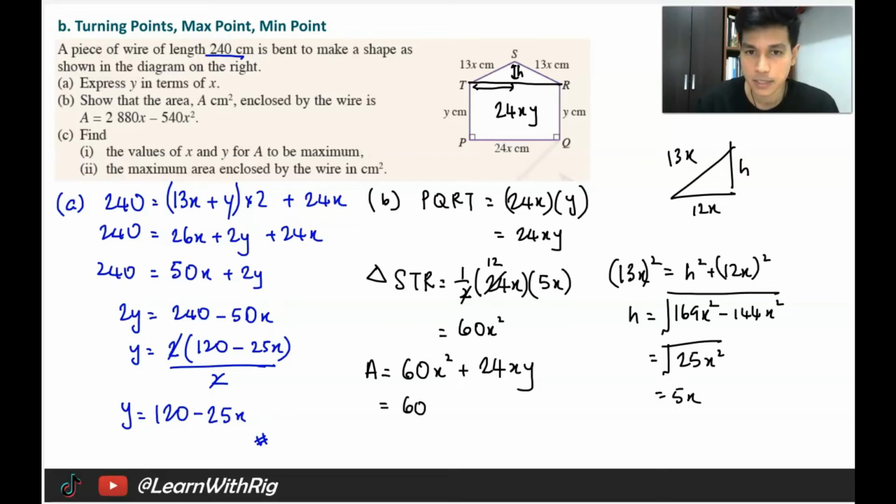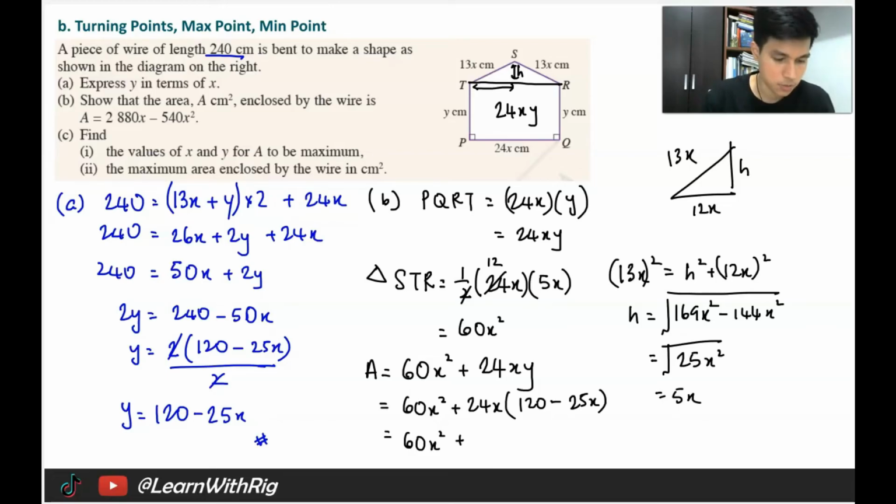So 60x square plus 24x, and the y value is 120 minus 25x. So 60x square plus 24 times 120, you should get 2880, minus 25 times 24, you get 600x square.